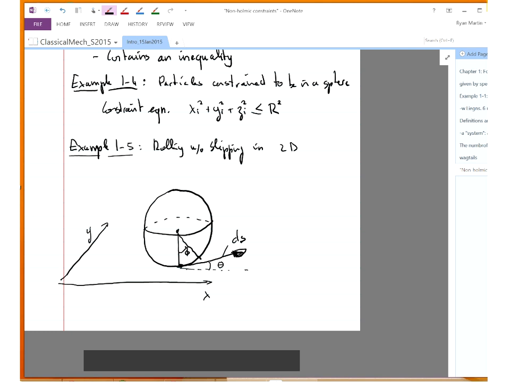So the constraint is again the same: ds by dt is equal to r phi dot. Now remember, we're going to describe the sphere by, let's say, the x and y position at the center, so the point of contact, and then phi.